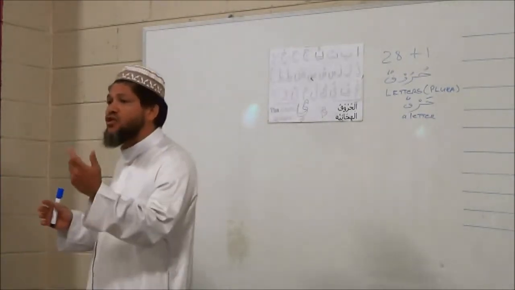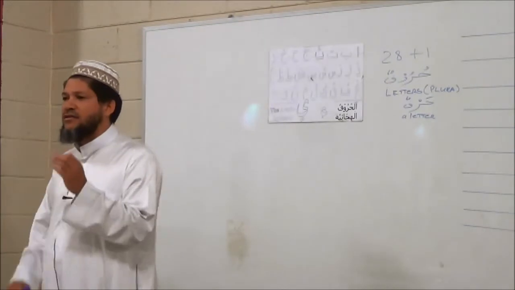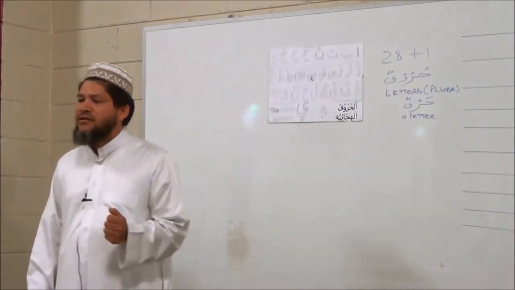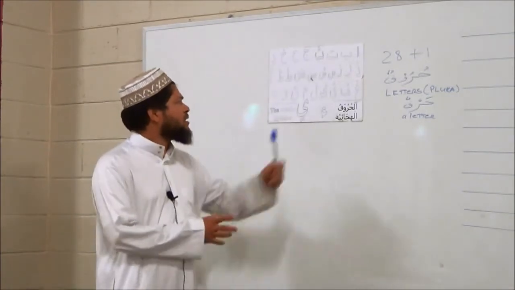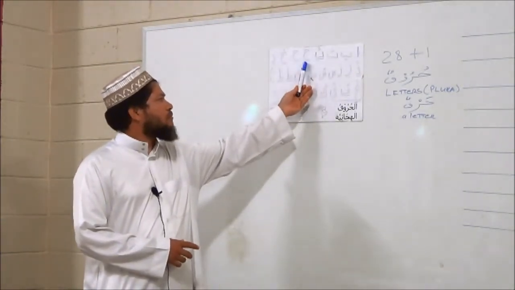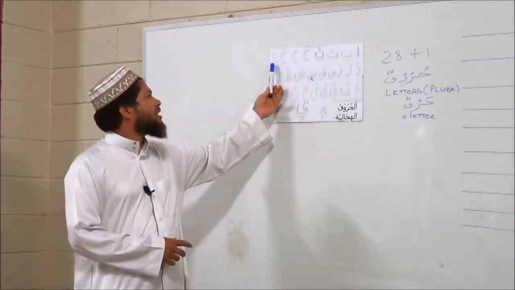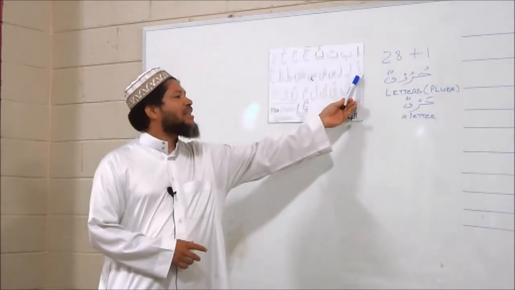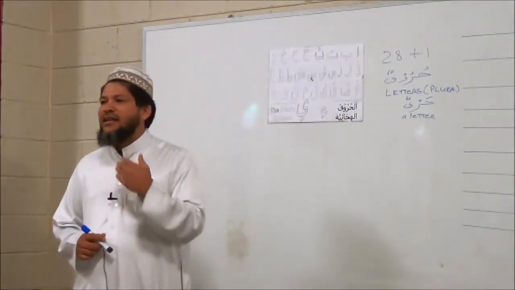Quality of the ra is also it's a full letter. Ra. Alif. Ba. Ta. Fa. Jim. Ha. Kha. Dal. Zal. Ra.